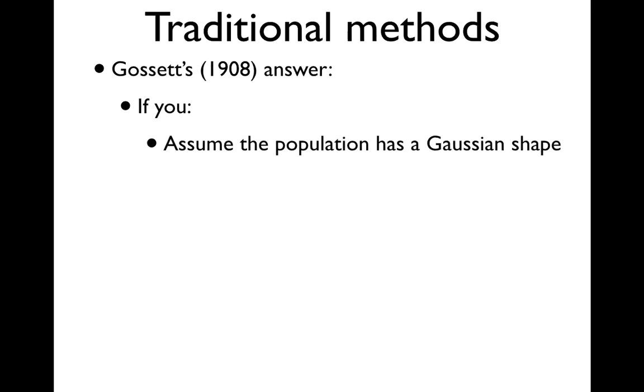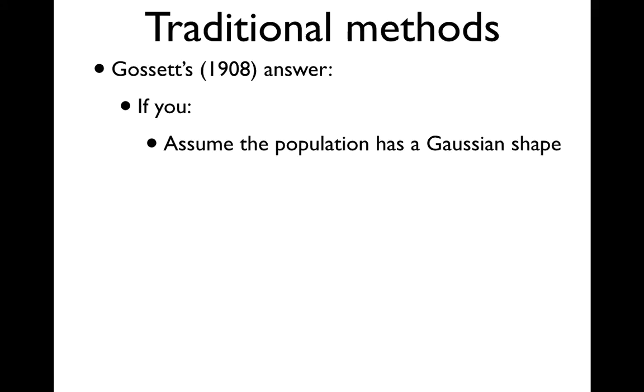But we haven't talked about how we're going to constrain these imaginations, because I can imagine crazy things. So, in 1908, William Gossett, working for Guinness Brewing Company, but writing under the name Student so that competing brewing companies wouldn't realize that Guinness was using stats to refine its brewing methods, published the answer: if you assume the population has a Gaussian shape, Gaussian being just that certain bell curve that you are very familiar with.